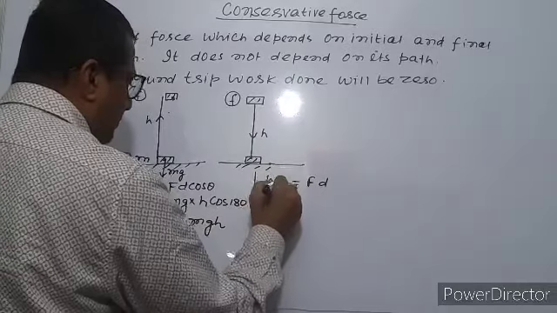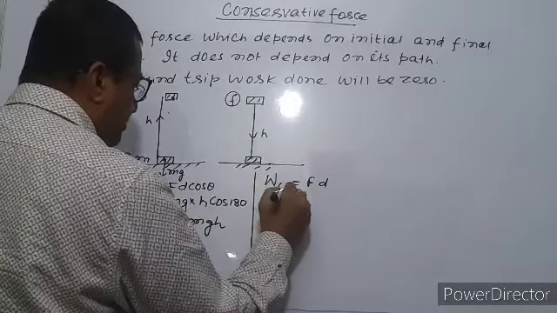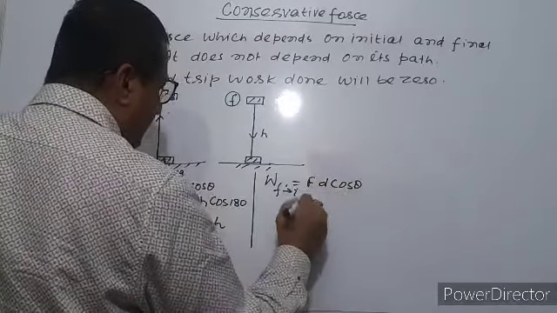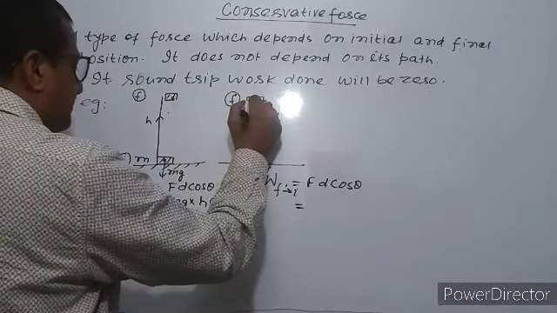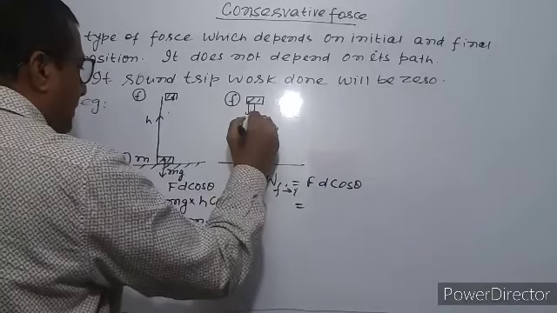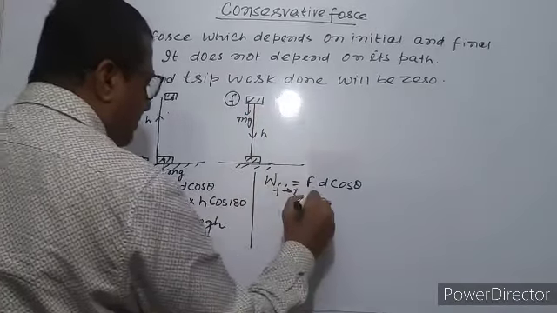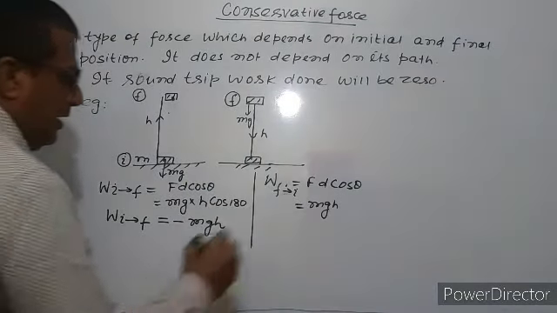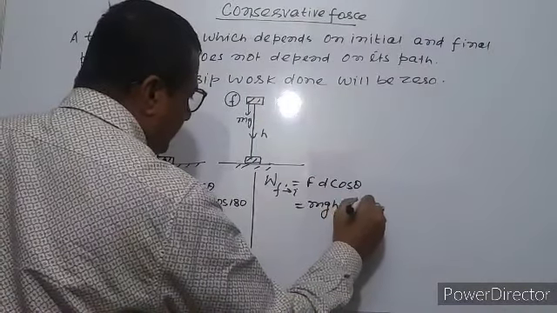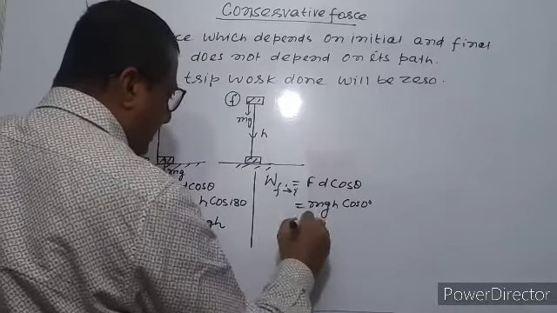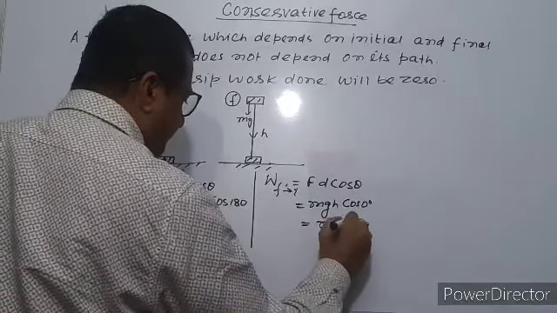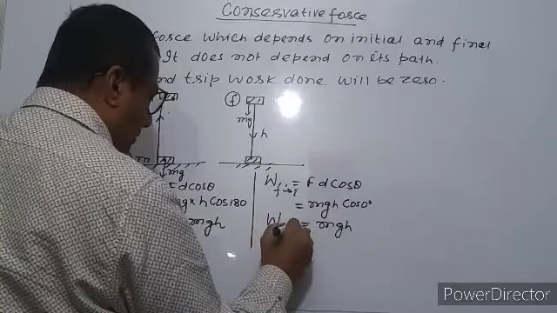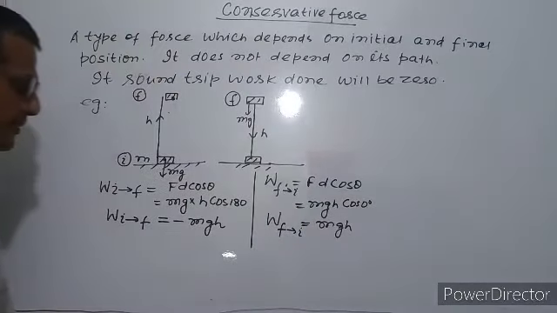Force equal to mg. This is mg, this is h, and cos 0 degree. That is equal to mgh. Work done from F to I is mgh.